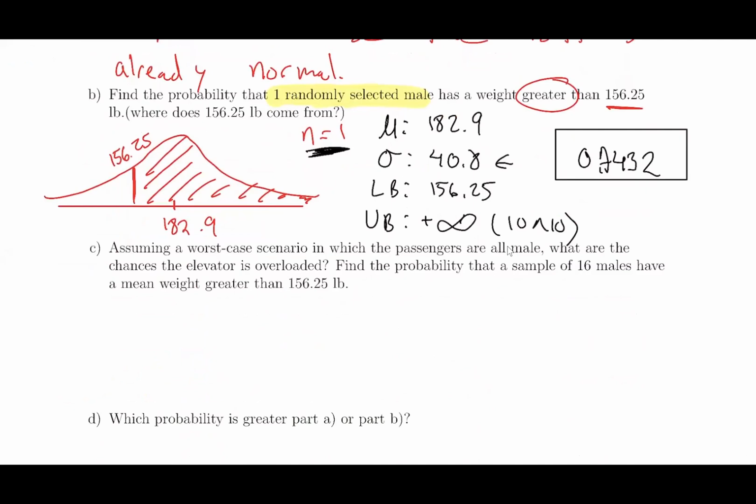For part C, it says, assuming a worst case scenario in which the passengers are all male, what are the chances that the elevator is overloaded? Find the probability that a sample of 16 male have a mean weight greater than 156.25. So pretty much this drawing is the same.